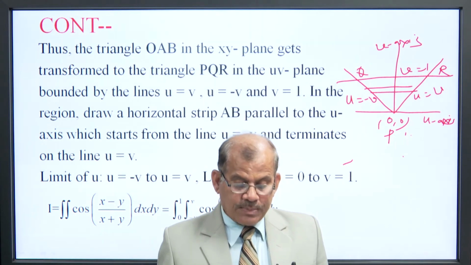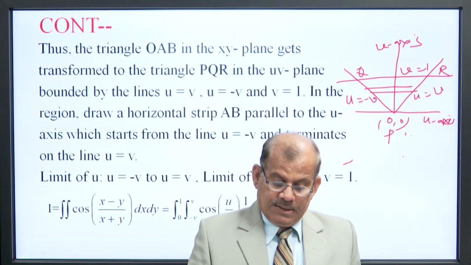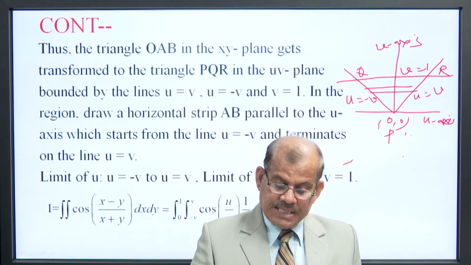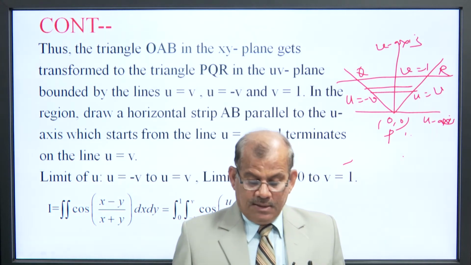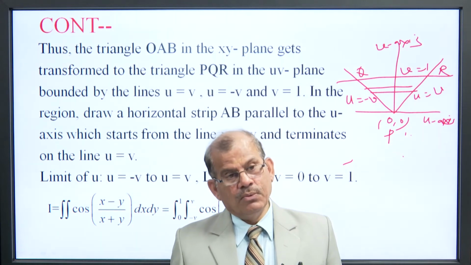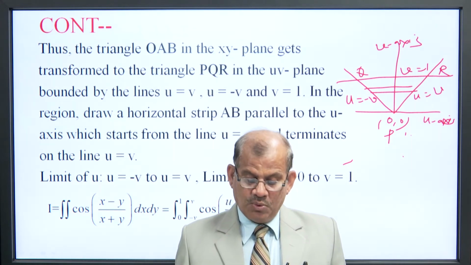The transformed integral is v varying from 0 to 1, u varying from minus v to plus v, cos(u/v) times 1/2 du dv.